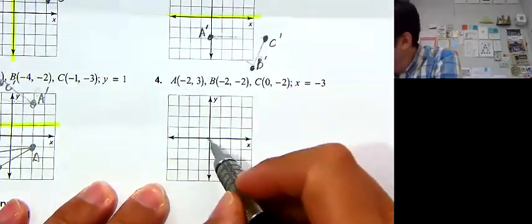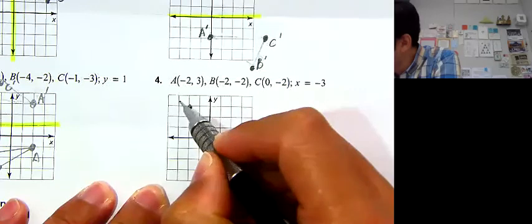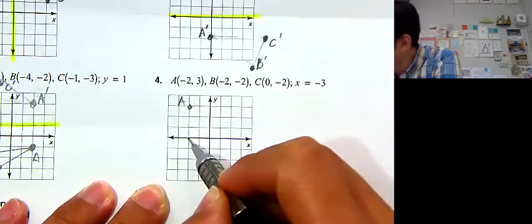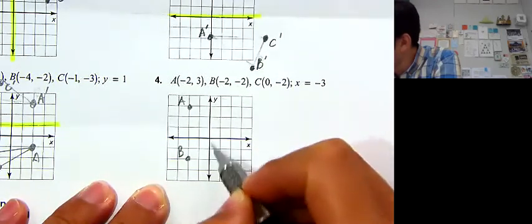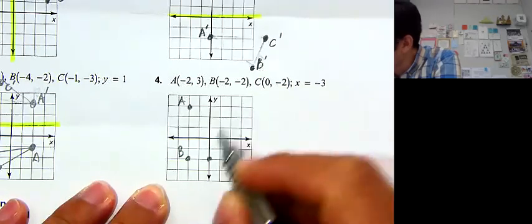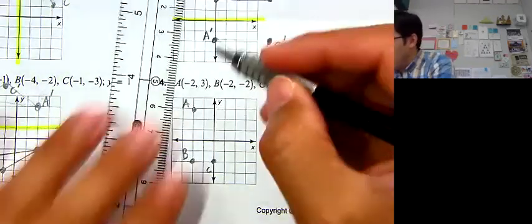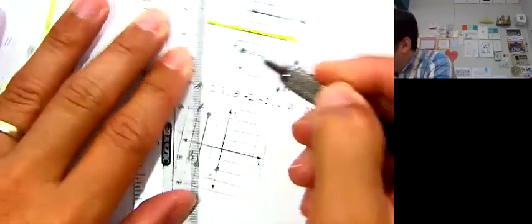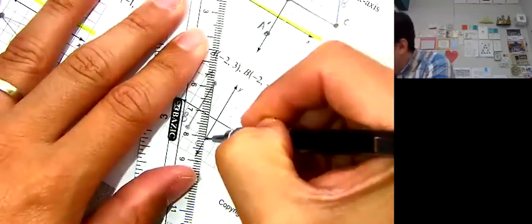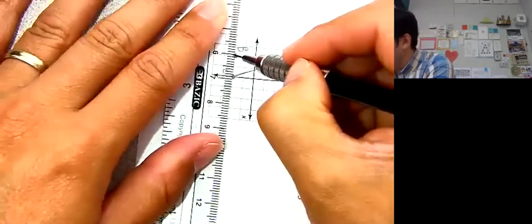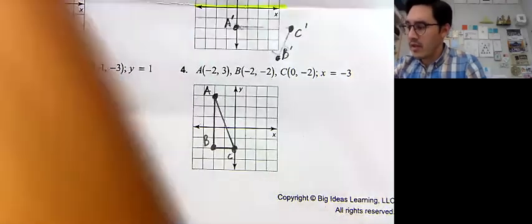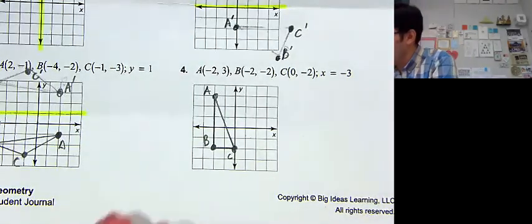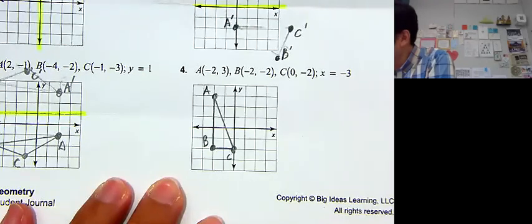Okay. All right, and then one final one. Let's do -2, 3. That's point A. -2, -2 is point B, and 0, -2 is point C. Okay, so A, B, and C. This time around, we're going to reflect across the line x equals -3.